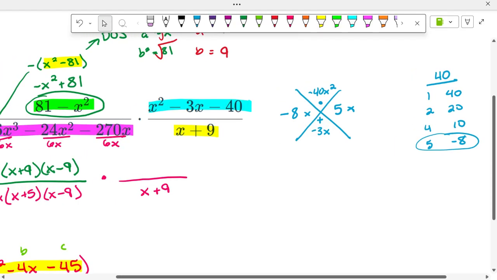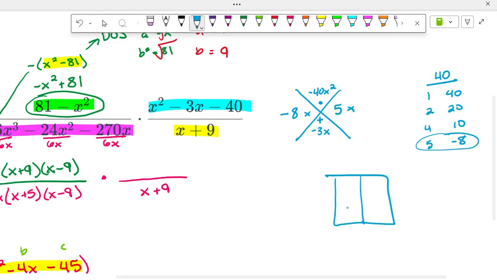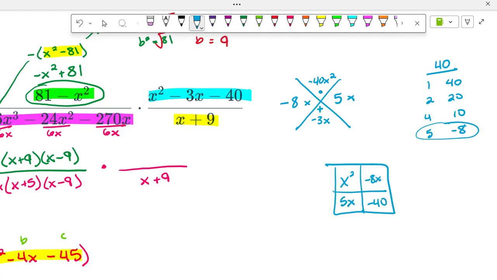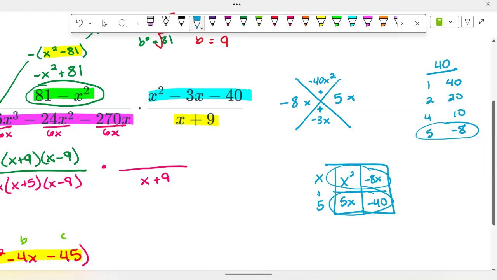Now, if I set up my reverse box, all right, x squared, negative 40, negative 8x, 5x. GCF of the first row, x. GCF of the second, 5.